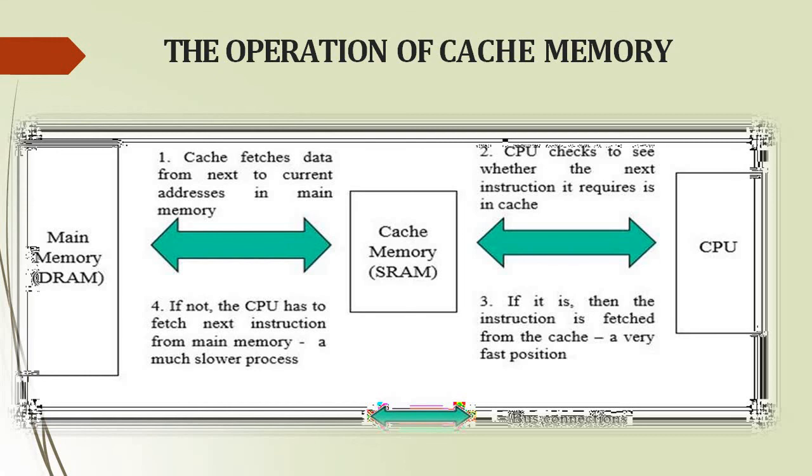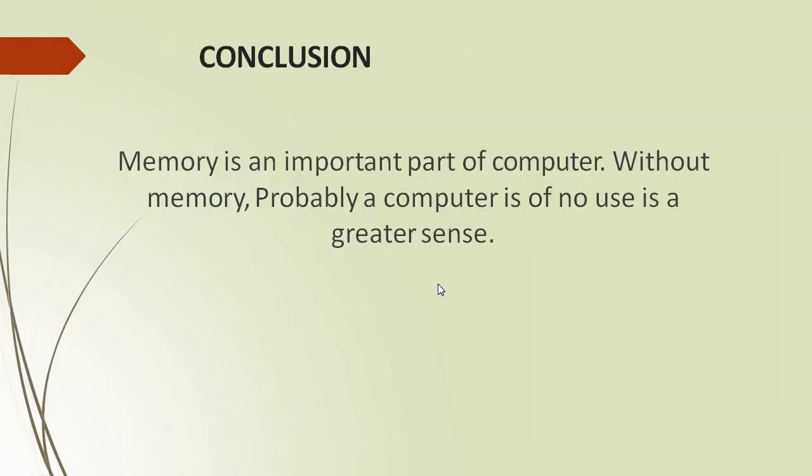Here are the operations cache performs between the main memory and CPU, how it fetches the data and instructions, how it transfers them to the CPU, and how cache understands the requirements of the CPU. So all operations are done by cache memory. These are the conclusions about the memory system.